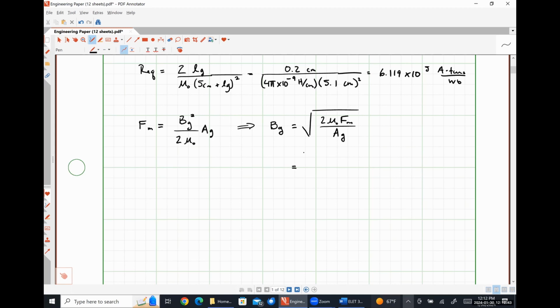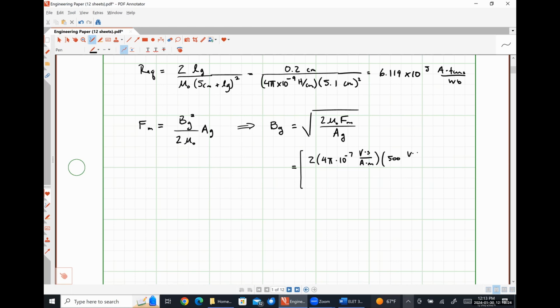Let's go through things here. So 2 is just a constant. Mu naught is 4 pi, and I'm going to choose to express this as 10 to the minus 7 henries per meter, where a henry is a volt second per ampere. And then our force is 500 newtons. Well, a newton is a joule per meter, and a joule is a volt amp times a second.